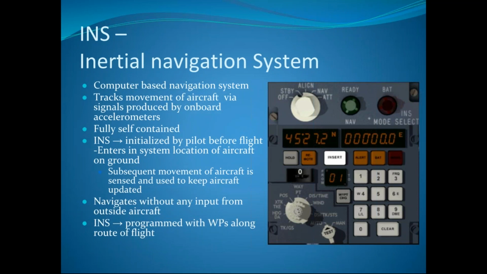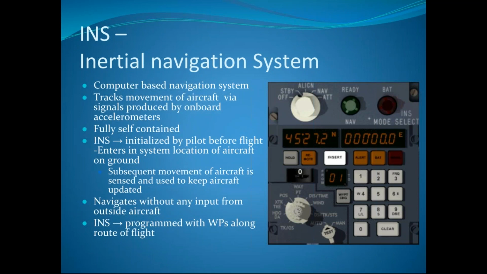So think of it as like the accelerometers inside your cell phone, or the GPS inside your cell phone. It uses that same basic principle, using accelerometers to determine position.